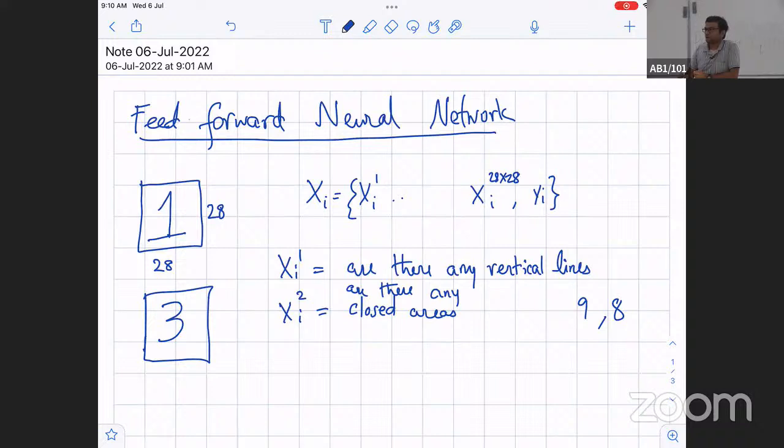And perhaps if someone tries to switch to some other data set where the letters are a little different from the English alphabet, if they use some other alphabet, let's say Hindi or Gujarati and so on, then your feature engineering may not work well. So there is a problem there.